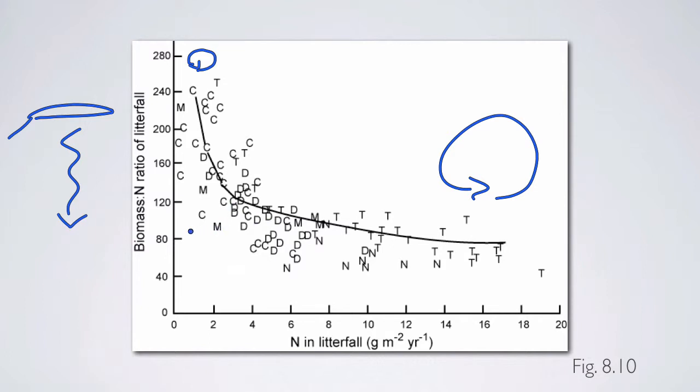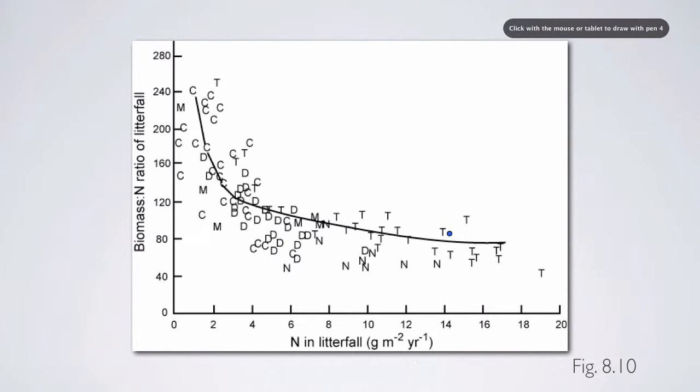If nitrogen use efficiency was constant, you would get a line that looks something like this. But instead, when we take a look across all of these different types of forests, T are tropical evergreen forests, D are deciduous forests right there, C are coniferous forests, M are Mediterranean systems, and N are temperate forests dominated by nitrogen fixers.